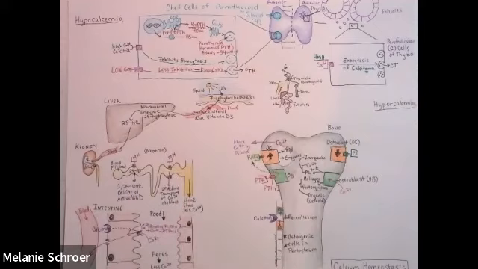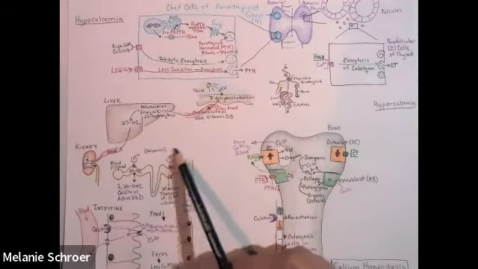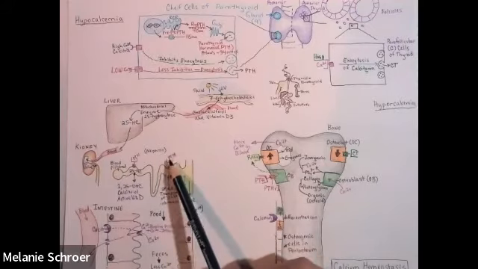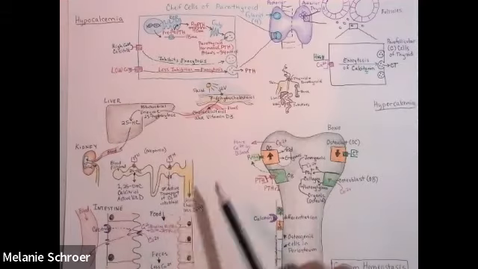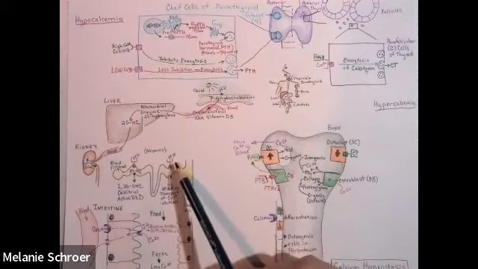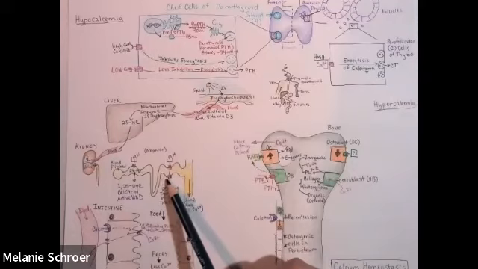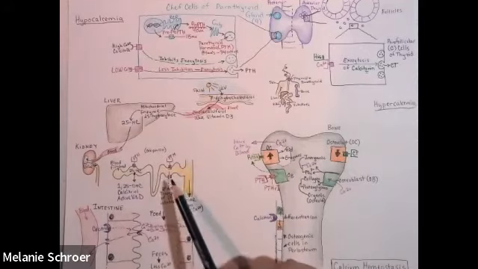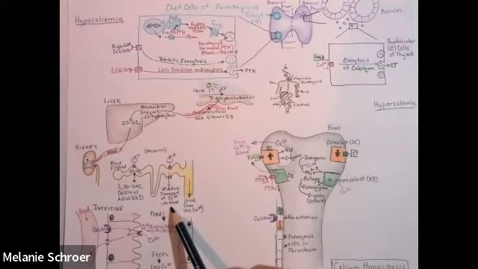Okay. Before we leave the kidney, let me also talk about another thing that PTH is responsible for. PTH also binds to receptors on the distal convoluted tubule, and through a series of pre-programmed events, PTH leads to the insertion of more calcium channels in the membrane of the distal convoluted tubule, therefore increasing how much calcium is going to be reabsorbed into the blood.